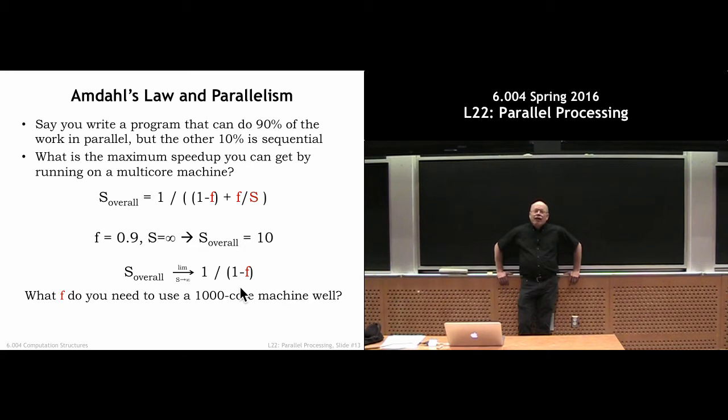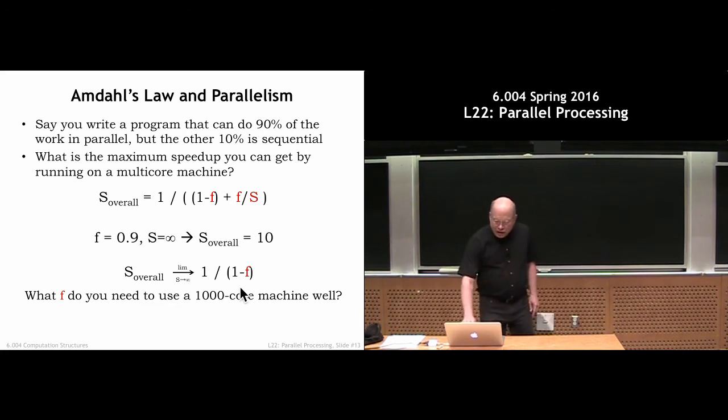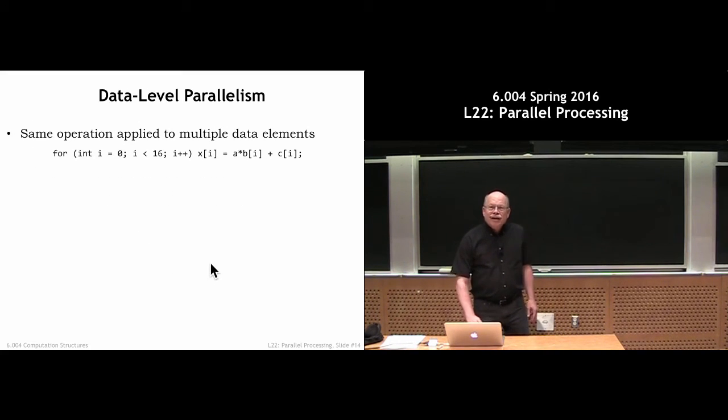In other words, what portion of the program has to figure out how to use all 1,000 cores in order to get a 1,000 speed up? The answer is 99.9%. If you just stick 1,000 in here and do some arithmetic, you discover that f is 999 over 1,000.